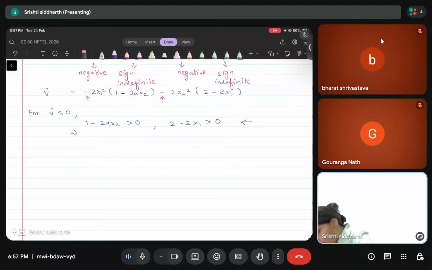This one implies 2ax2 is less than 1, which implies x2 is less than 1 by 2a.